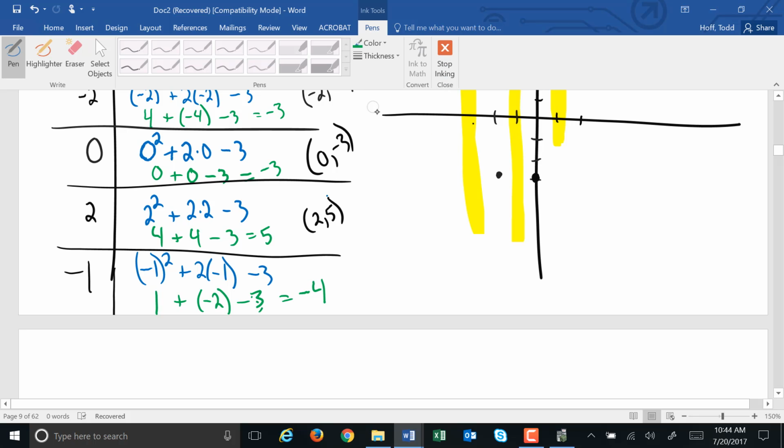So when x is -1, y is -4. So that's right here. Let's try when x is -3.